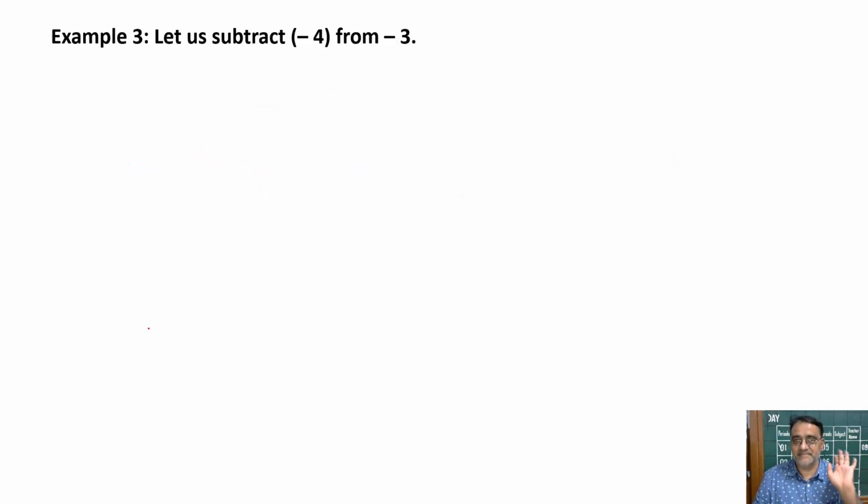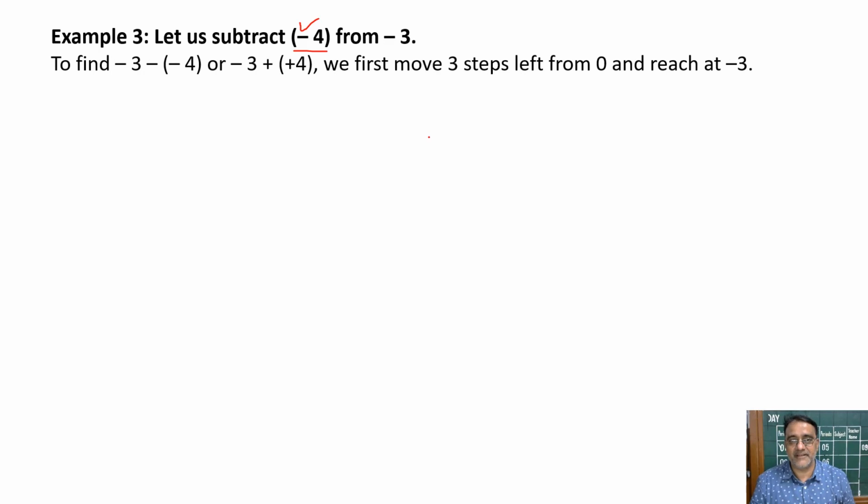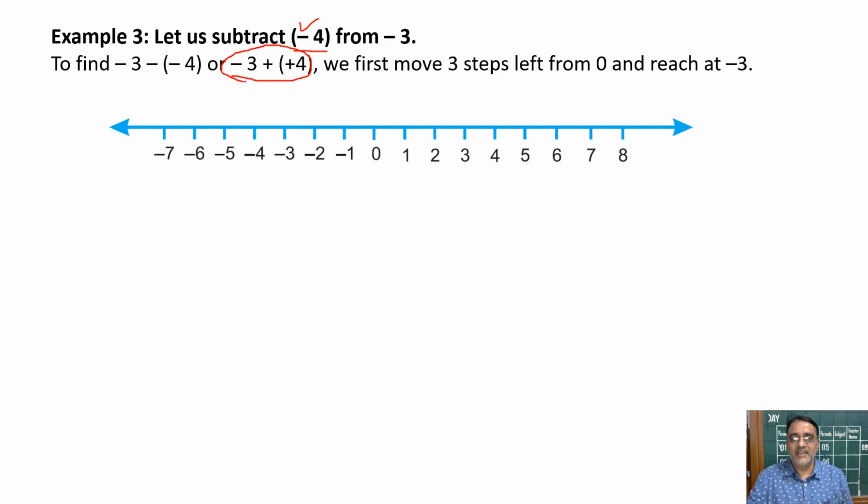So example 3. देखो -3 minus -4, that is, subtract -4 from -3. What is the additive inverse of -4? +4. +4. Very good. So हम लोग क्या करेंगे? Plus the additive inverse of -4, which is 4. सो -3 + 4 हो जाएगा. So that means हम लोग पहले -3 पे जाएंगे, फिर उसके बाद +4. -3 पे जाके now we are adding a positive integer.